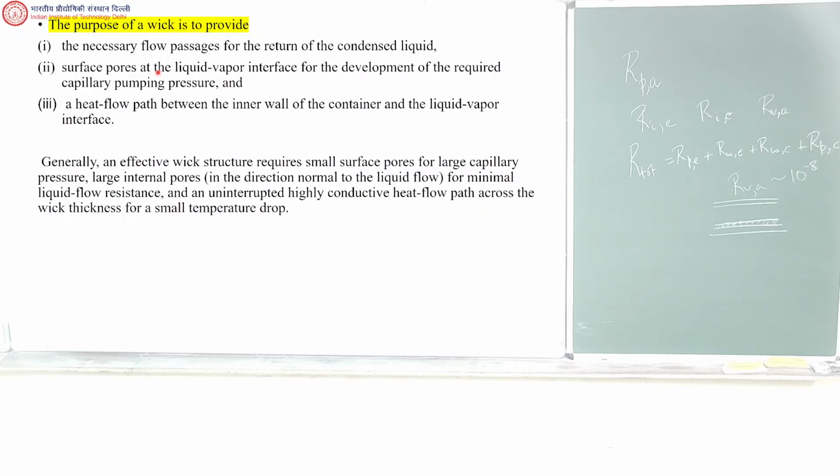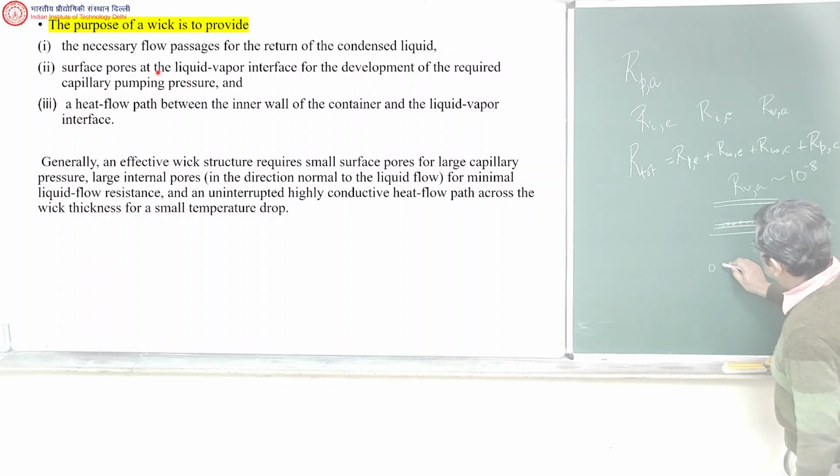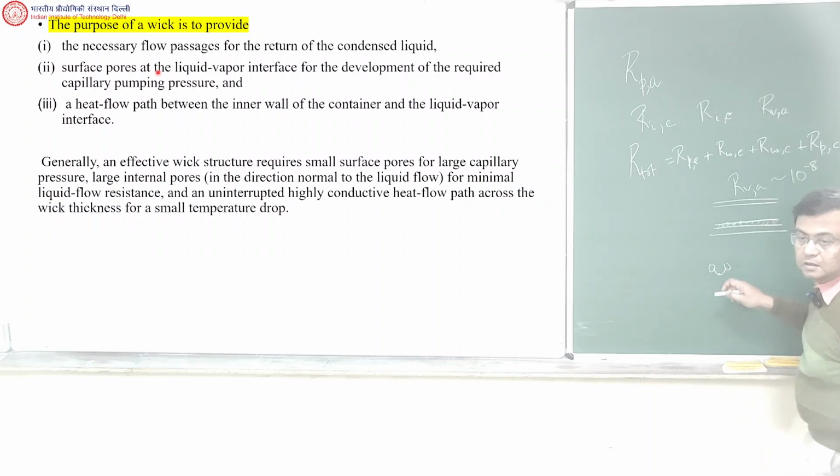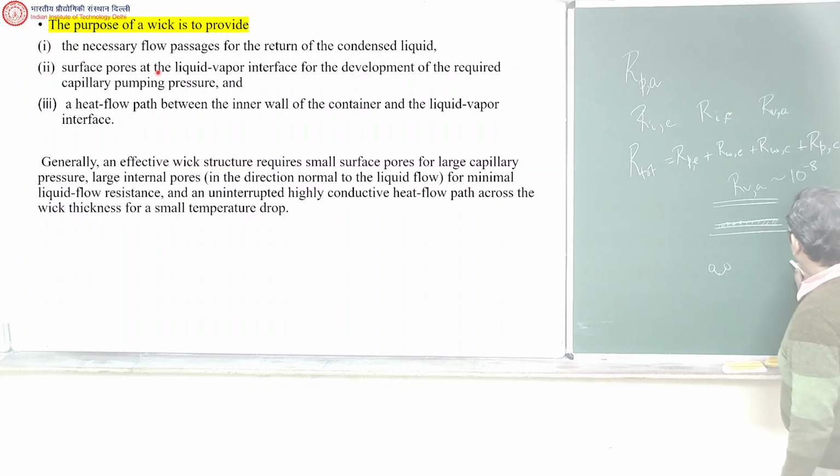To understand this better, think about this, that on the evaporator side we get something like this. What's the name of this? Meniscus. And on the condenser side, this looks more like this. But this is the surface pore.